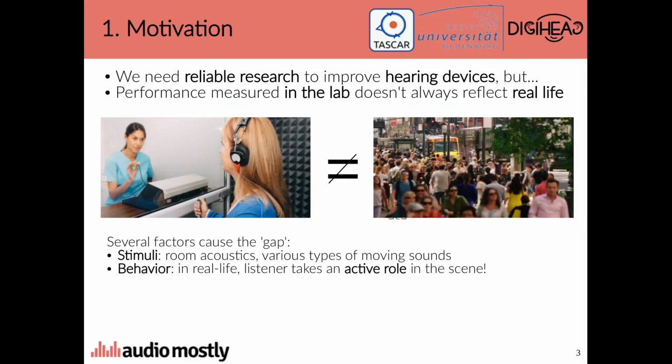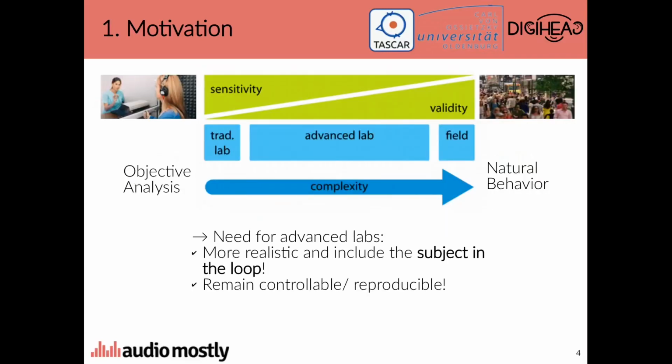And the second thing is the behavior, which means that in real life, in the wild, so to say, we as listeners take an active role in the acoustic scene. And therefore we can influence that acoustic scene by, for example, our head movements, or also by our communication with others.